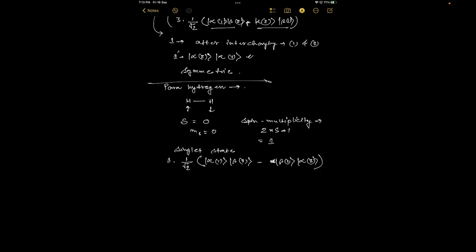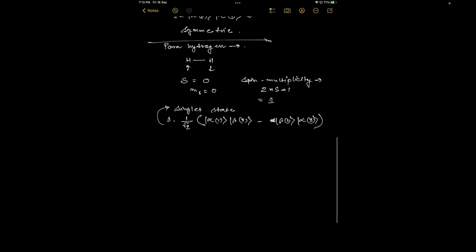So this is the wave function corresponding to the singlet state. Now if you interchange 1 and 2, what will happen? Let's interchange 1 and 2 hydrogen atom.